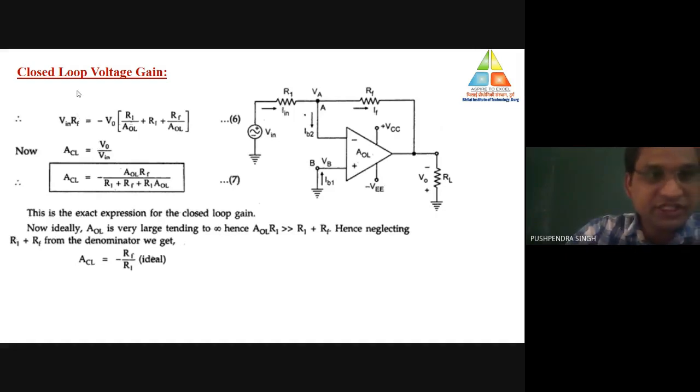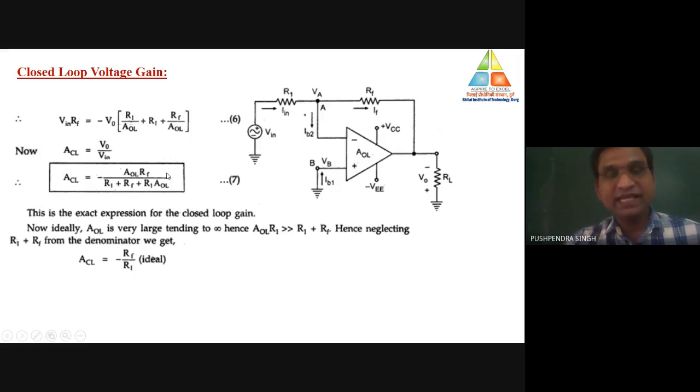After simplification, Vin into Rf is equal to minus of V0 and that much of the term. So V0 divided by Vin is nothing but the closed loop gain. Closed loop gain is this one with a negative sign. This is the exact expression for the closed loop gain of the inverting amplifier.